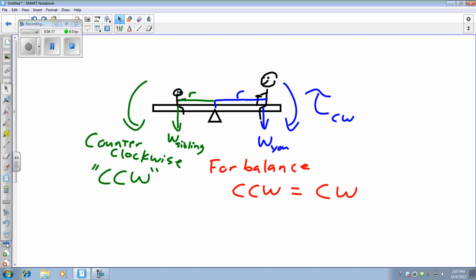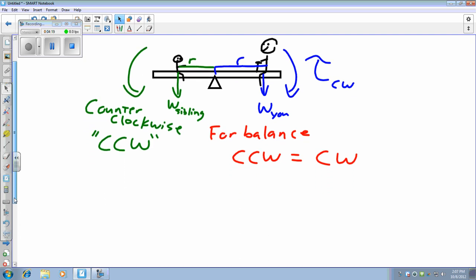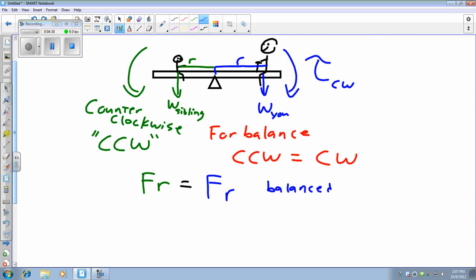Which means that FR for your little brother is equal to FR for you. Balanced torques.